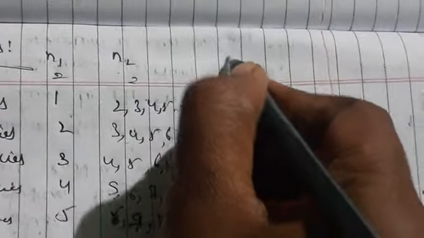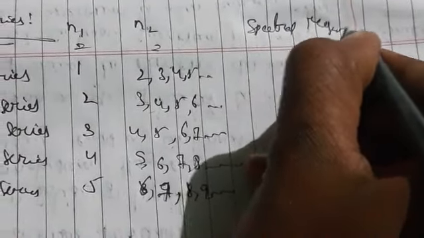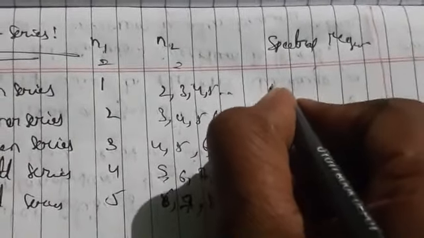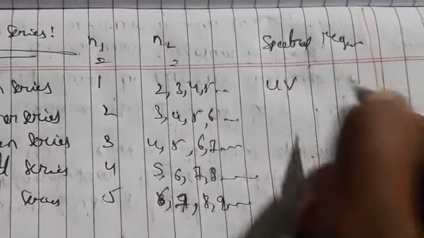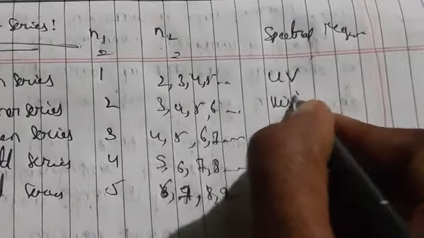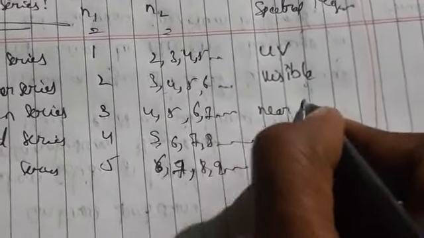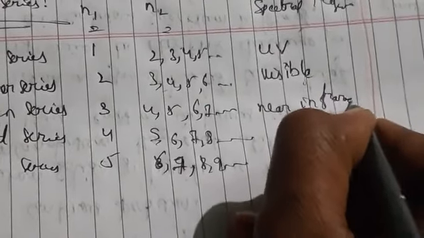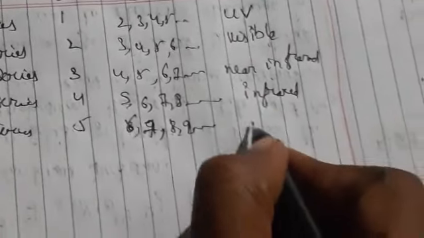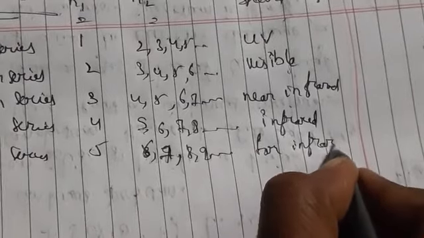Coming to the spectral region, which light is suitable? The radiation for the Lyman series is in the ultraviolet region, then the visible region, then the near infrared region, then the middle infrared, and then the far infrared. So these we have in different regions.